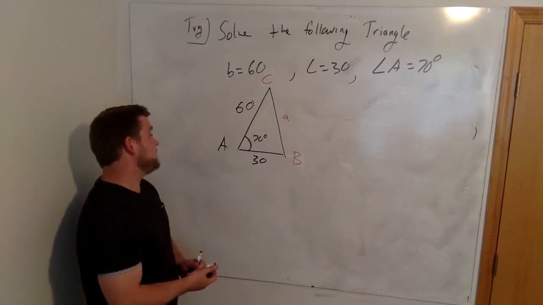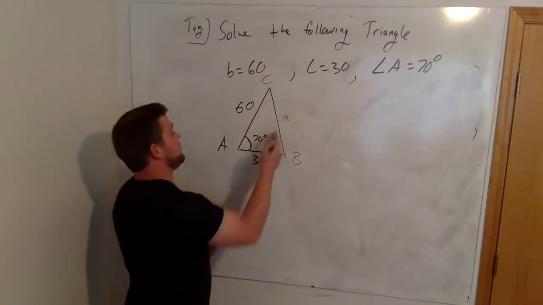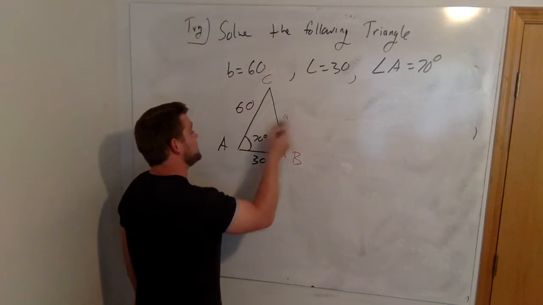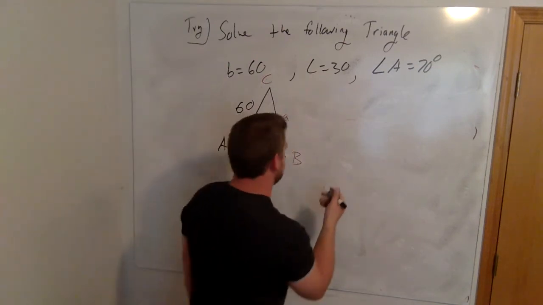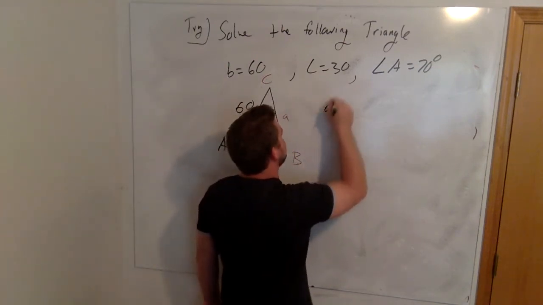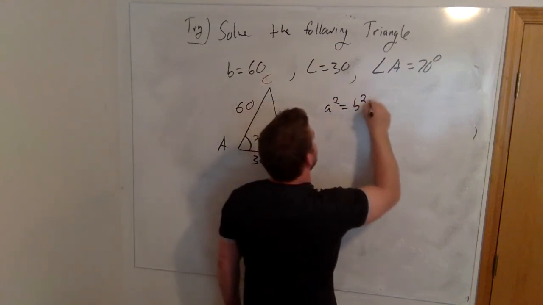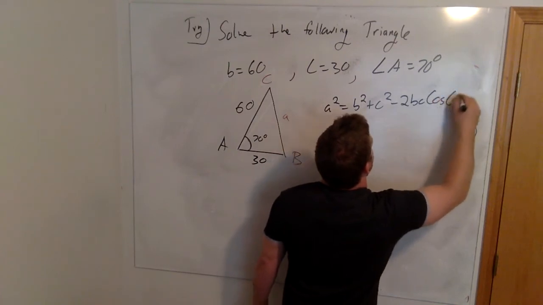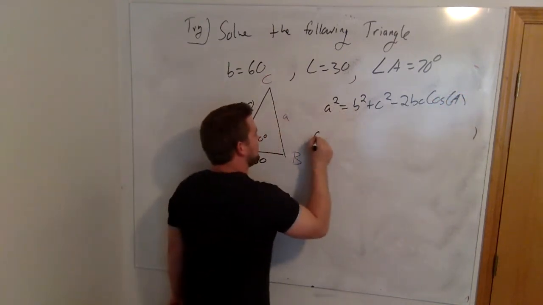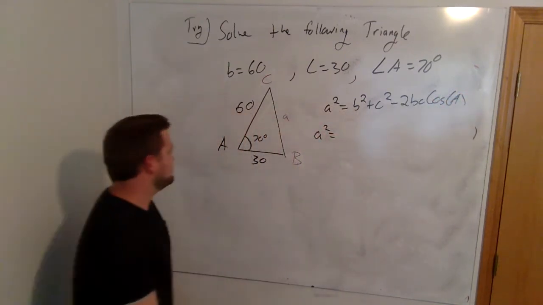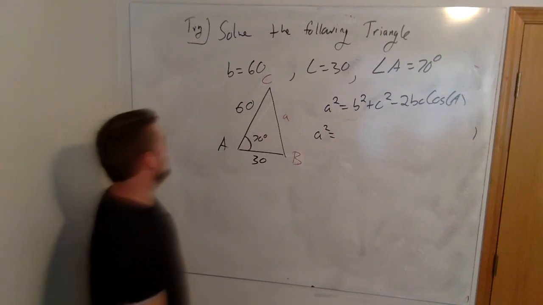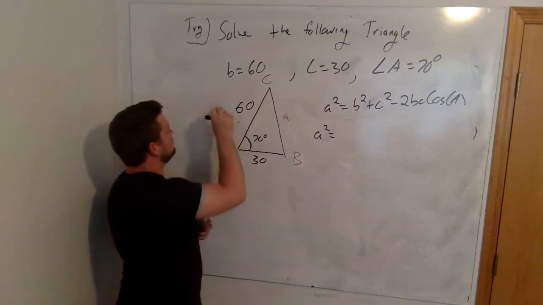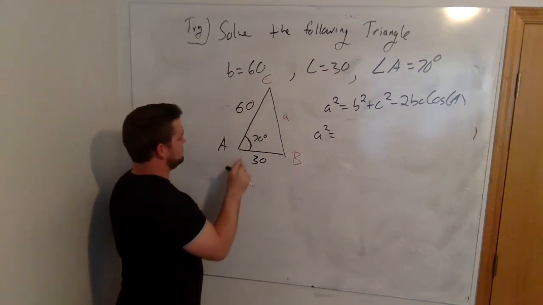Let's see, I think we can use the law of cosines to find a here. Since I'm trying to find this opposite side, and I know this angle, I think the law of cosines will work well here. So we'll have that a squared will be equal to b squared plus c squared minus 2bc times the cosine of angle A. This will be b, and this will be c.